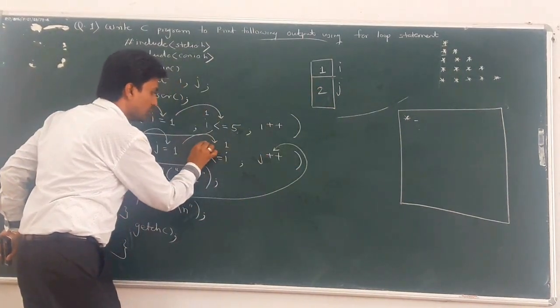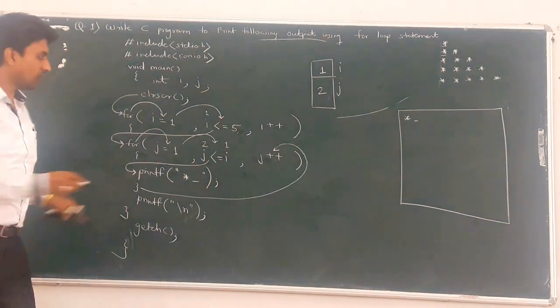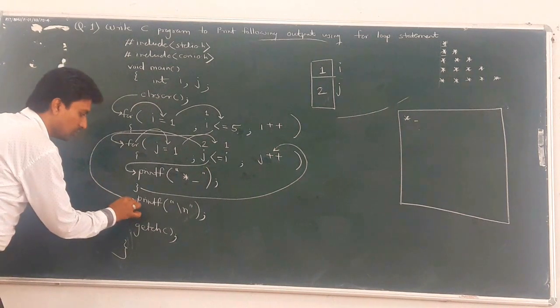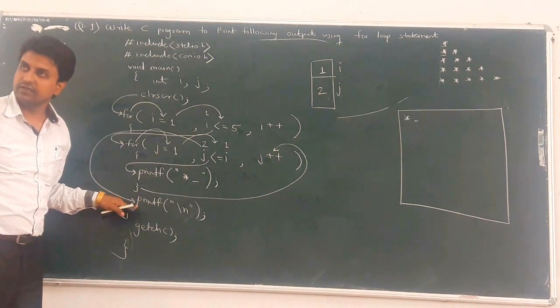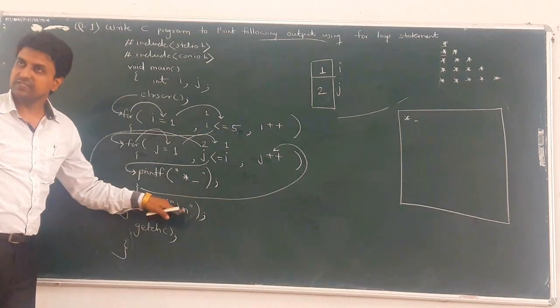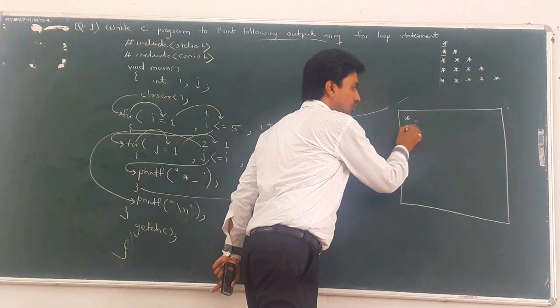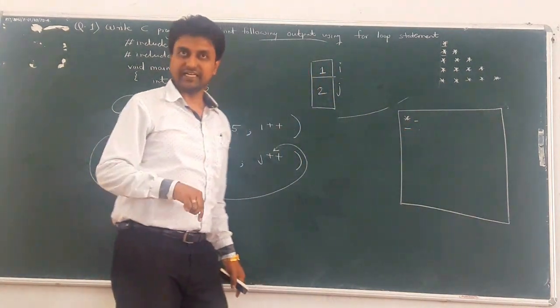So 2 less than or equal to 1, condition false. False means termination of this inner for loop, so control goes to the next line after the inner for loop. What is the next statement? printf backslash n, which means the runtime cursor goes to the next line.